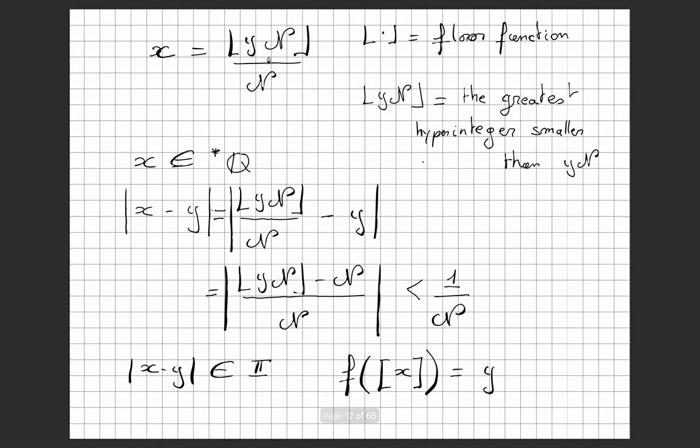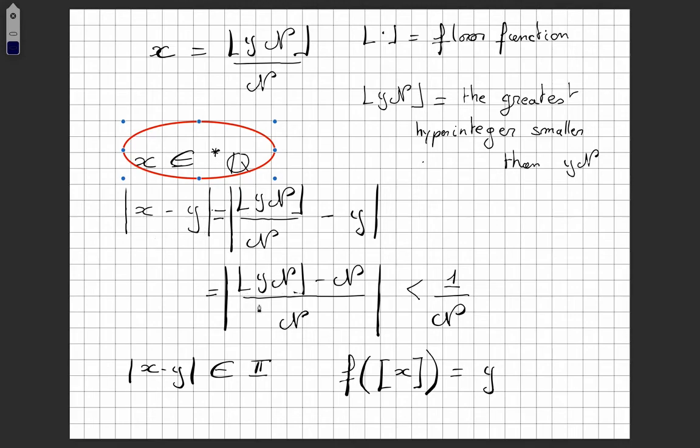So if I take y which is irrational, I can build this element x which is a hyperrational number. So you see, to build x, I take the floor of yn and I divide this by n, where n here is an unlimited hyperreal number. So this quantity here will be the greatest hyperinteger that is smaller than yn. And so now I can compare x to y and take the absolute value of that.